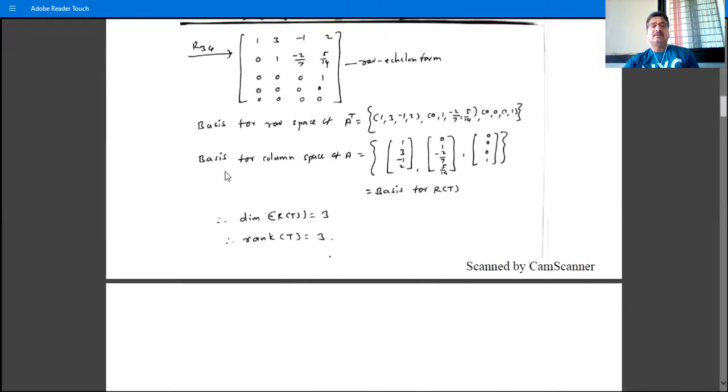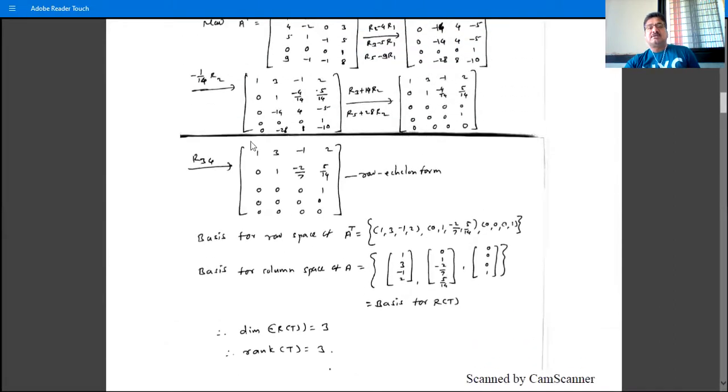Similarly, this is the basis for the row space of A transpose, and this is the row echelon form. This echelon form is not unique. This answer is not unique; it depends on your calculation. But the number of elements in the basis of the row space of A transpose is 3, and this answer is unique.